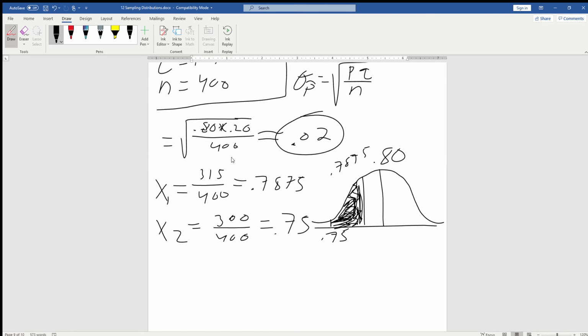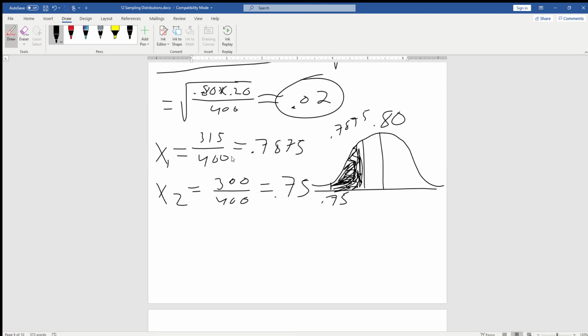Okay, we're going to find two z-scores now. So z sub 1 is going to be equal to the bigger x, so that's 0.7875 minus 0.80, which is the mean. We're going to divide that by 0.02. Okay, I got negative 0.63.